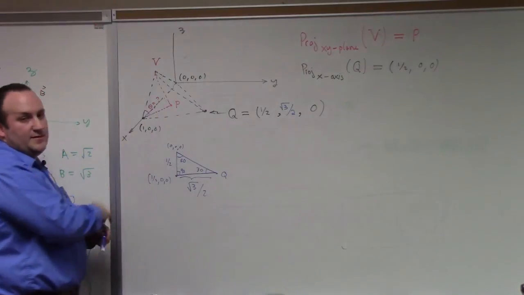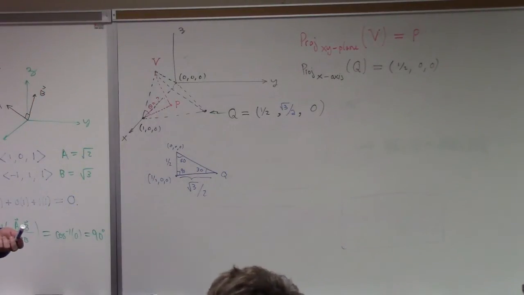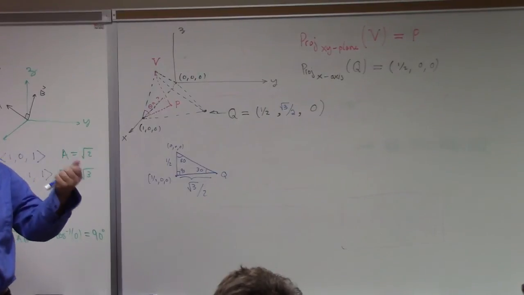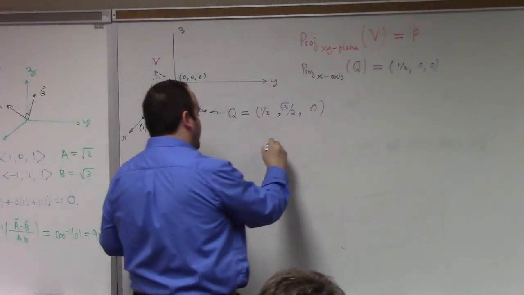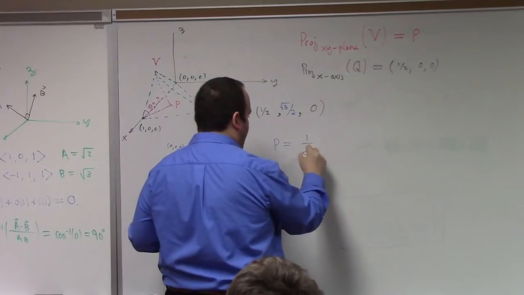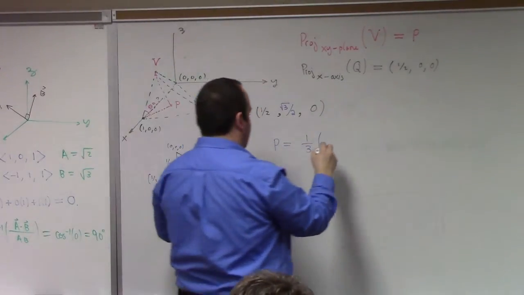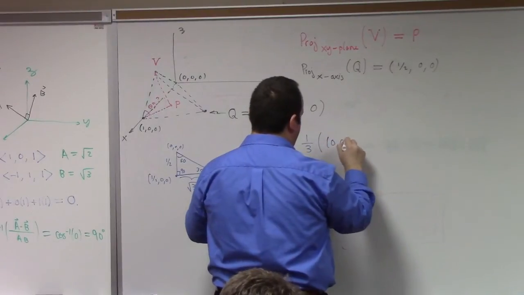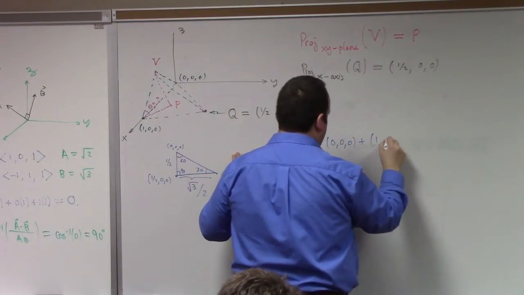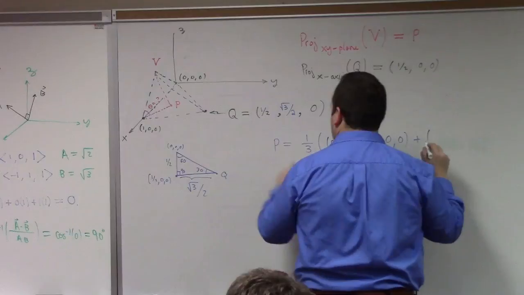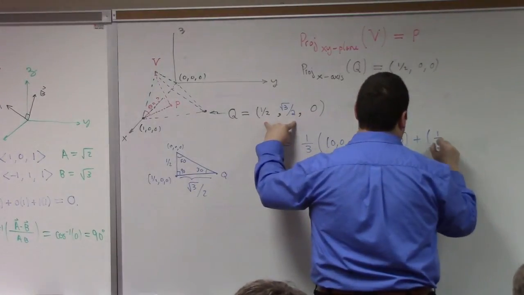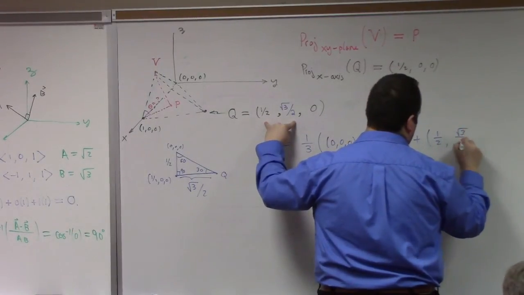How do you find that point P in the middle? This is where the idea of a centroid comes in. What you want to find is the geometric center of these 3 points. The way to do that is P equals 1/3 of the sum of the points. So you take (0, 0, 0) plus (1, 0, 0) plus this one that we had to do some work to figure out, (1/2, √3/2, 0).